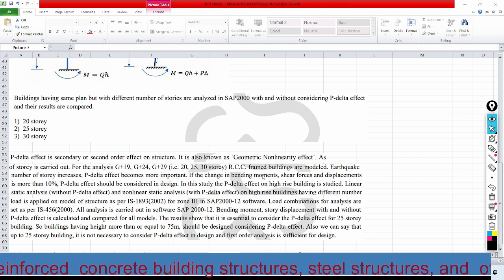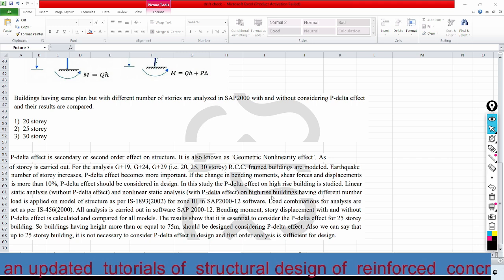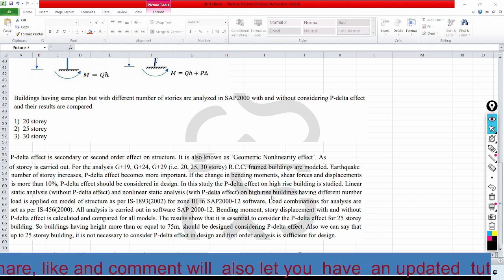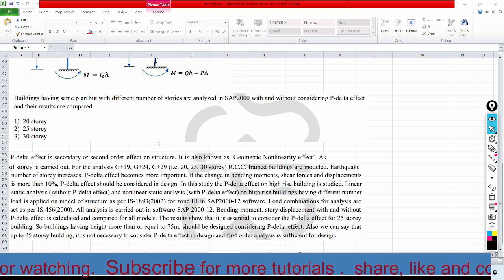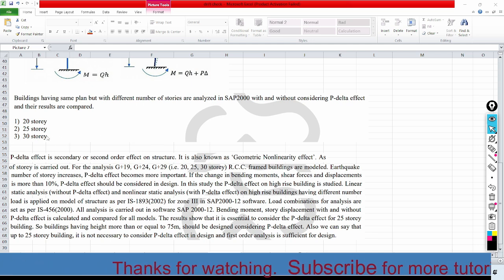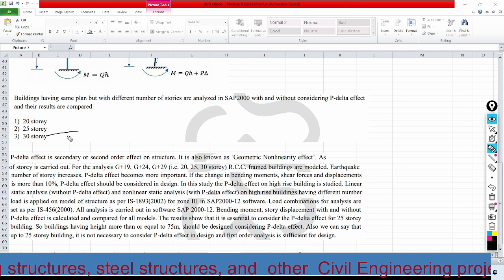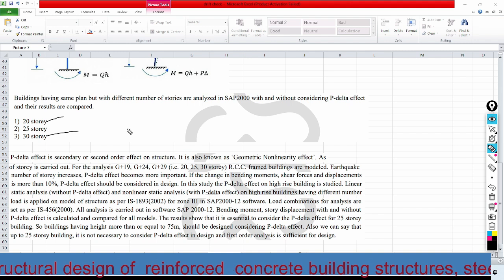After the compilation of the research, the outputs indicated that the P delta effect will be maximum when we increase the number of stories, and it will be minimum when we decrease the number of stories. So the effect of P delta will be maximum at the highest story, and it will be minimum at the 20-story building.